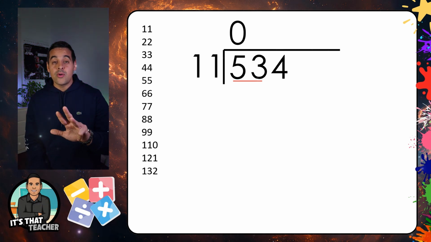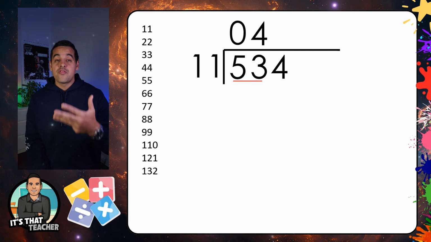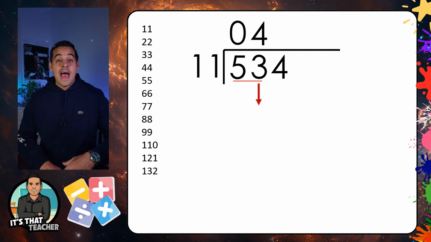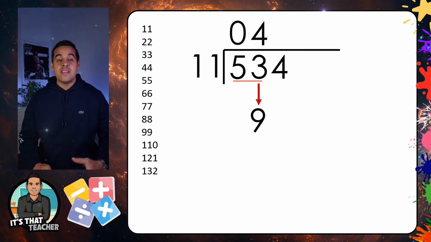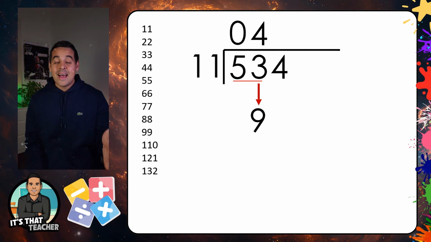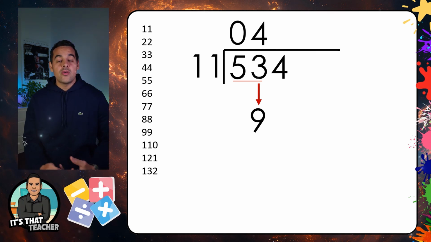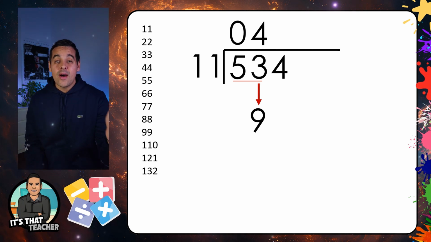You need to go back to 44, which would be 4. 11s can fit evenly into 53. Now, as you do with normal division, you need to put the remainders down below. So you draw a little line, a little arrow down below. So for instance, there are 9 remainders in that question.